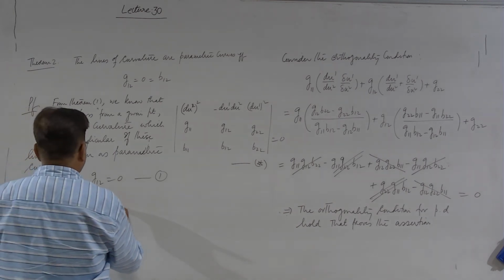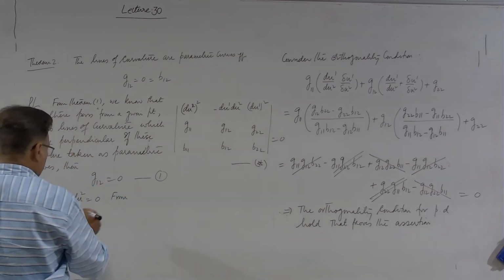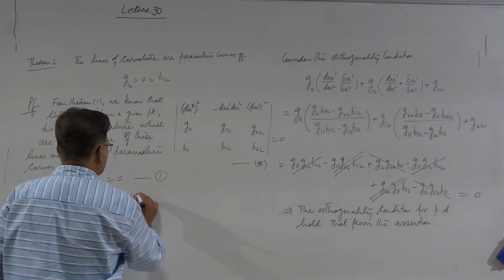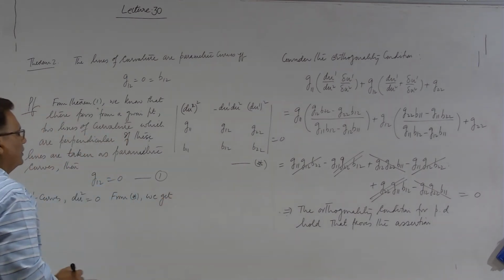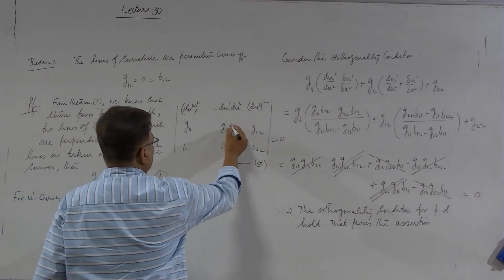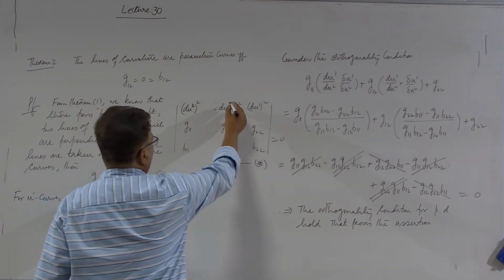So, from star we get, using this thing, from star we get... So, this becomes 0, okay. du2 will make this 0 and this 0.